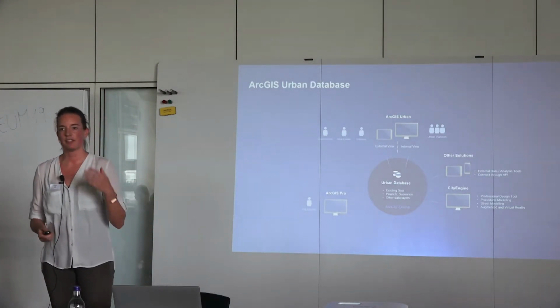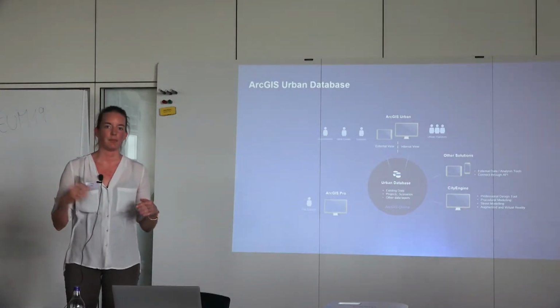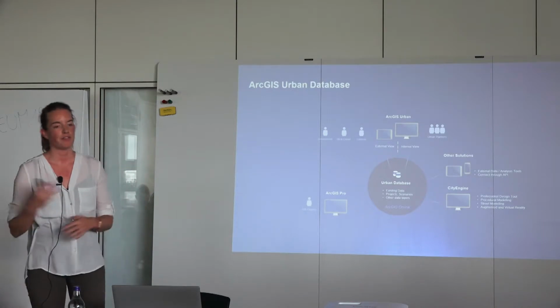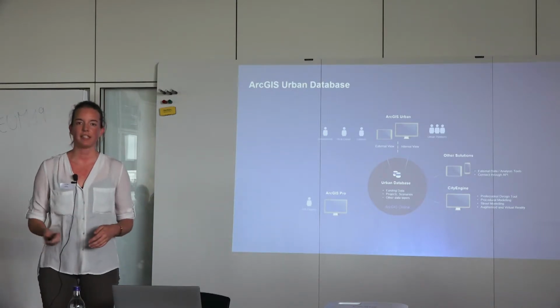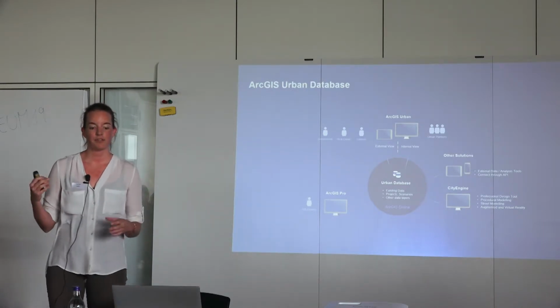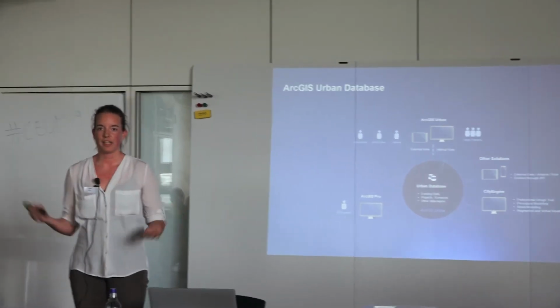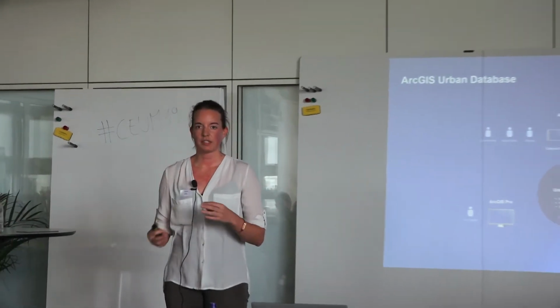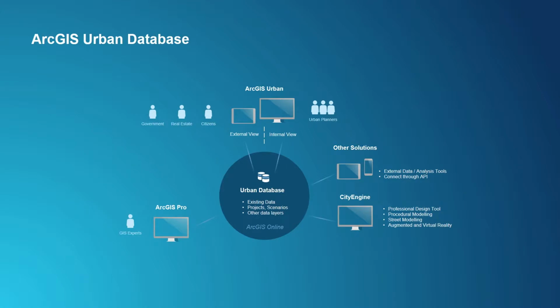So I've talked about ArcGIS Urban being a platform for all the stakeholders, and basically what that means is that we want to build up this urban database where all the parcels, the zoning, the plans, the projects live, and then different applications, different clients can have access to those data sets and they can be shared with different stakeholders. This is what you see here in the middle.